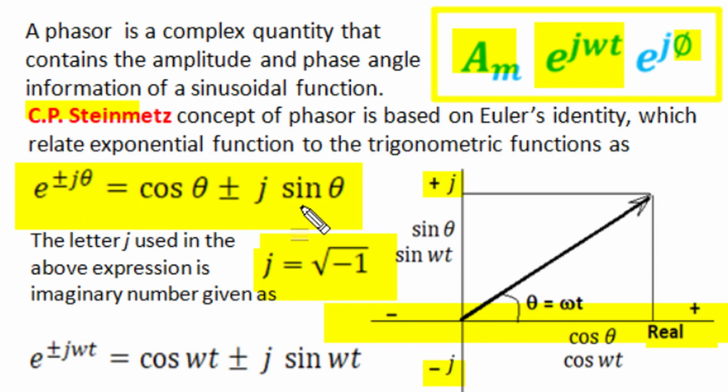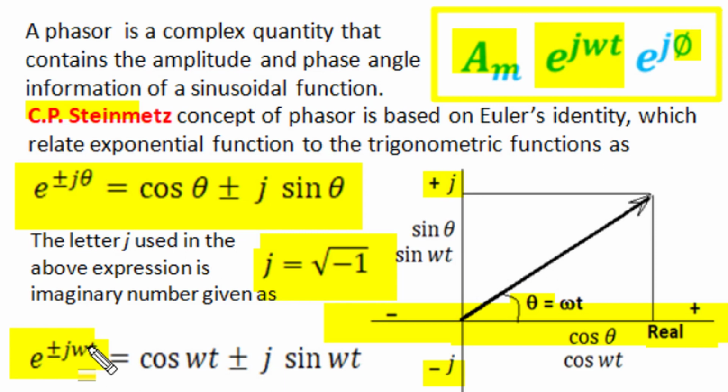And in this notation, e raised to the power j theta represents a vector of unit magnitude making an angle theta with the horizontal reference. When we take its two resolved components, along the horizontal line, which we call the real line, the component is cos theta, and along the vertical line, which we call the imaginary line, the component is sin theta. Now if in place of theta we consider a time function omega t, then that vector will change its angular position from the horizontal reference line and become a rotating vector, and such a rotating vector becomes a phasor.